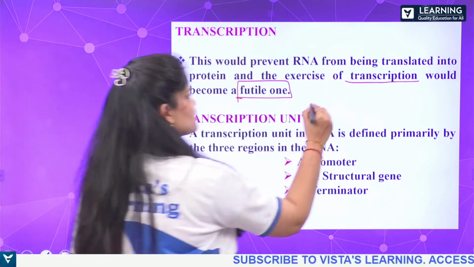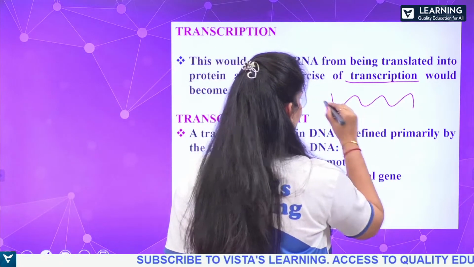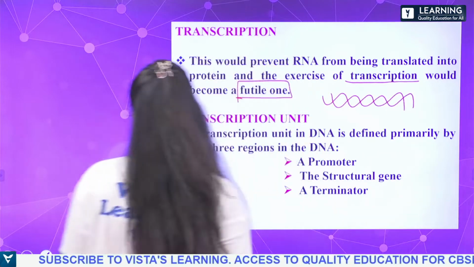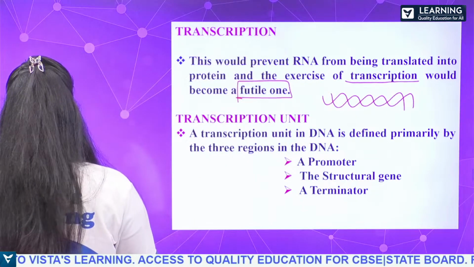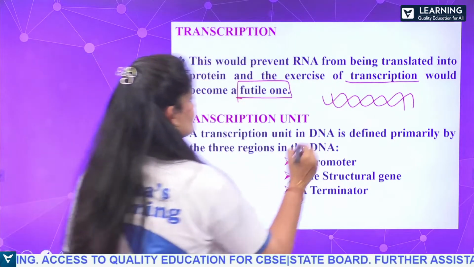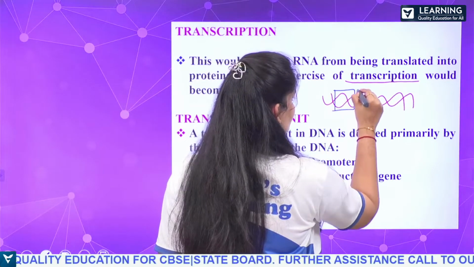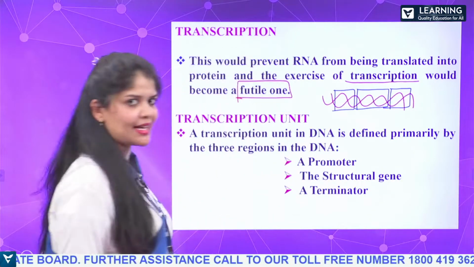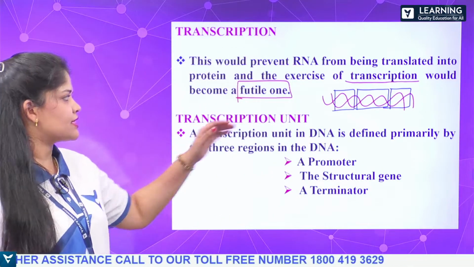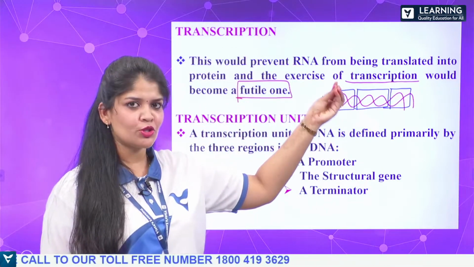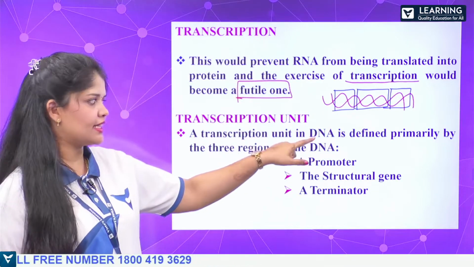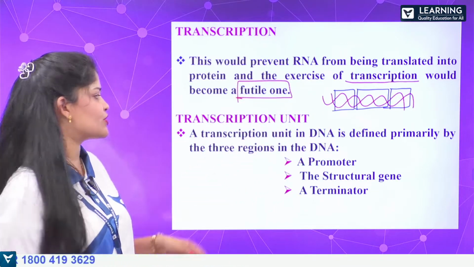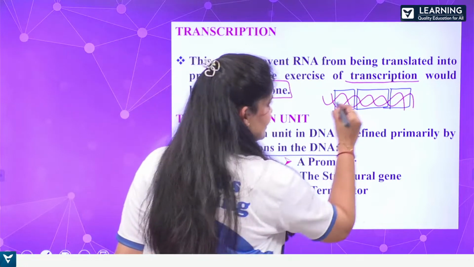If you consider this a segment of DNA, in the segment of DNA we have three regions, three sites. Here this is considered a transcription unit. The transcription unit in DNA is defined primarily by three regions in the DNA sequence.